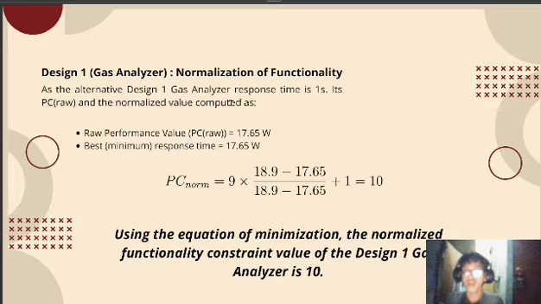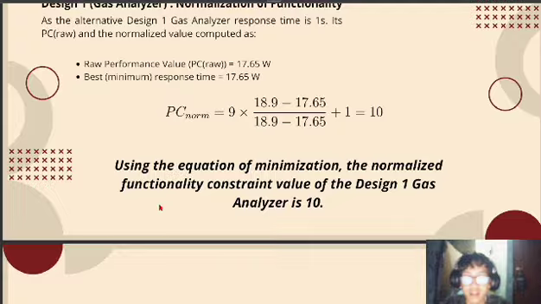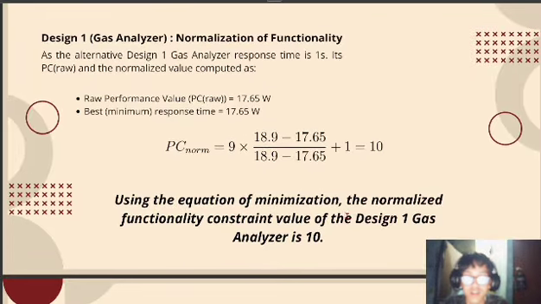Next, for the normalization of functionality. For the design 1, it has a P0 of 17.65 watts, and a minimum of 17.65 watts. So based on the minimization equation, we calculated that the functionality constraint value of the design 1 is equal to 10.